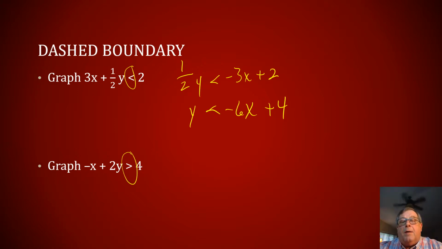All right, let's go ahead and rewrite this second inequality, also solving for y. So we have negative x plus 2y is greater than 4. I'm going to add x to both sides. Once I do, then I've got 2y is greater than x plus 4.